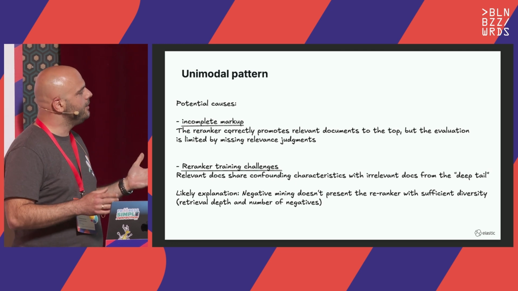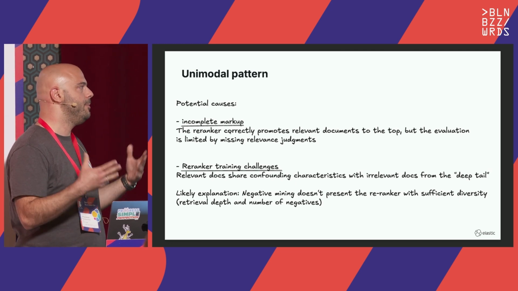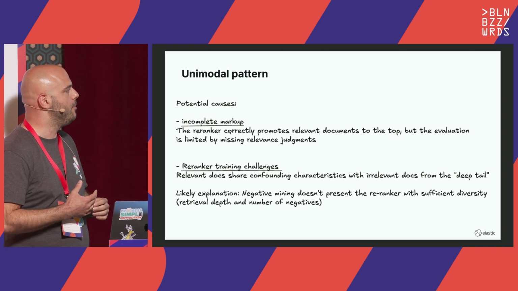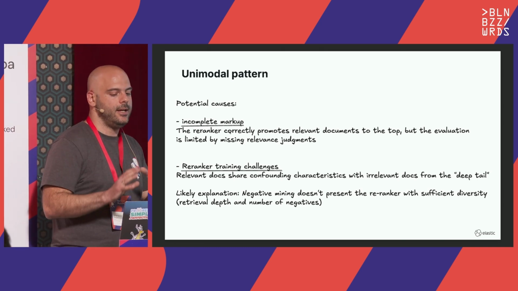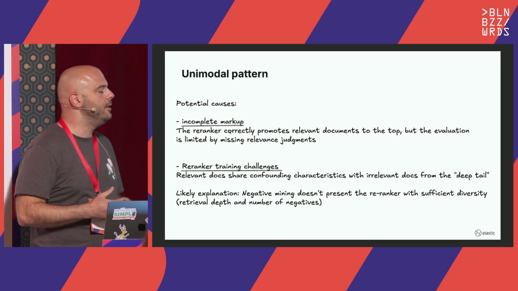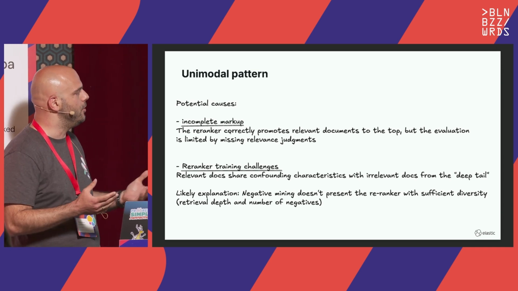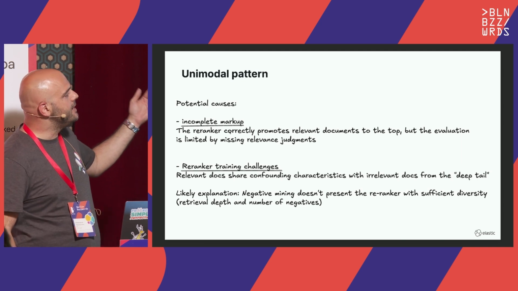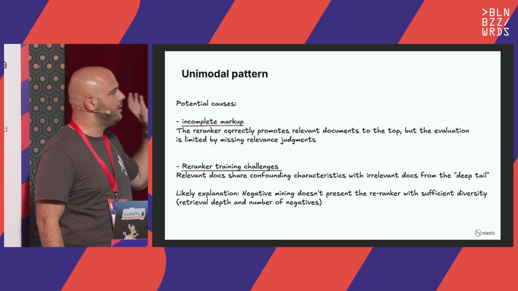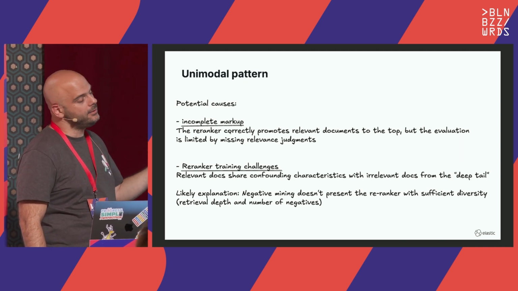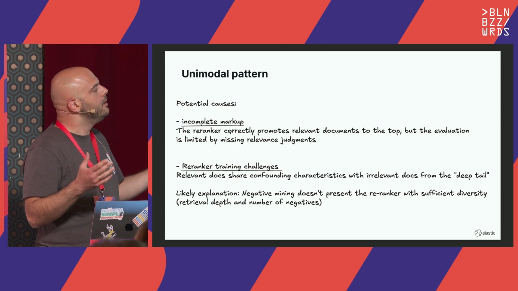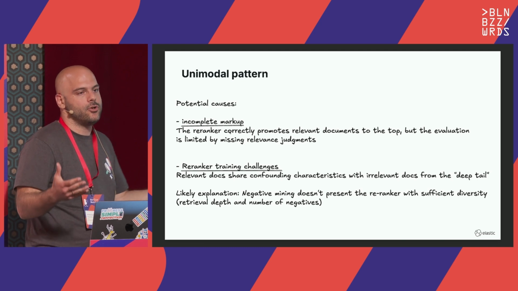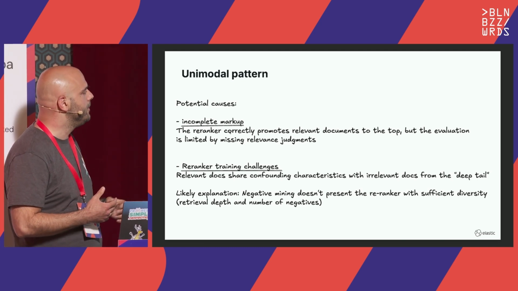So it's likely, and it's something that we have also shown in a previous blog post that we did, that in a corpus there is more than one positive document, for example. The reranker is able to identify those and promotes them to the top, but the evaluation is limited by these missing relevance judgments. In other words, we get an inferior score when we shouldn't.